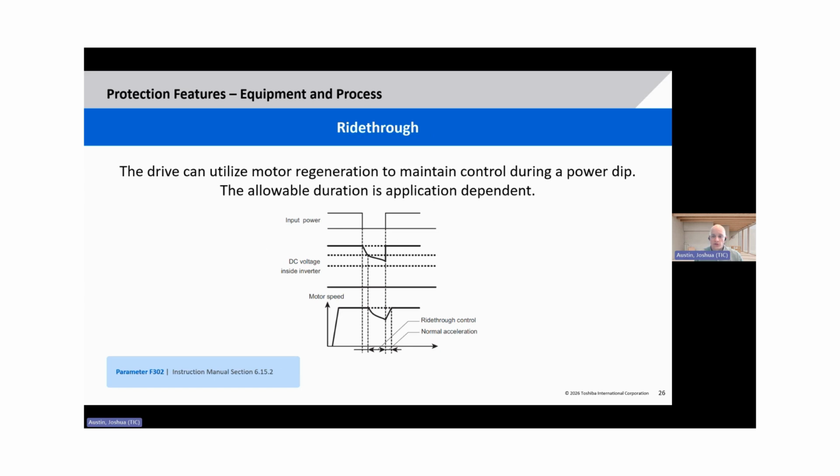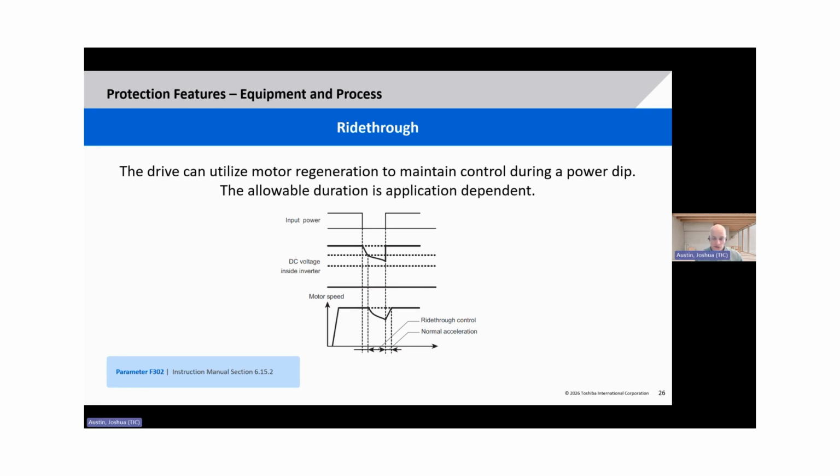Ride through is another function that helps reduce downtime. So typically when a drive loses power, the drive will potentially need to receive a new start command to start operating that motor.